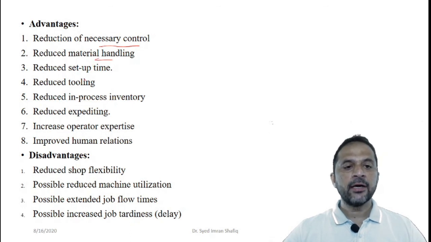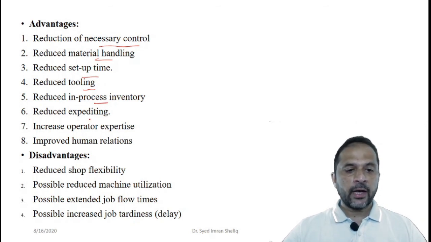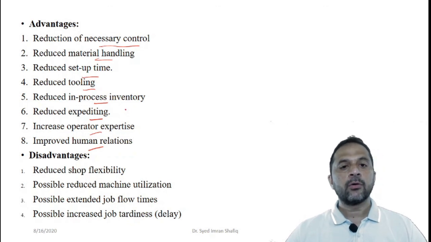Reduced material handling, reduced setup time, because they are using product layout features also. That is why there is reduced setup time and reduced material handling, reduced tooling, reduced in-process inventory, reduced expedition, operator expertise, and improved human relationship. So these are some of the advantages of group layout.